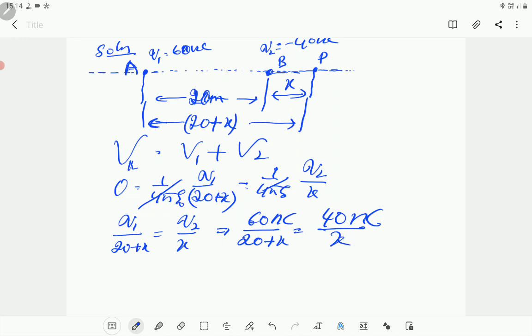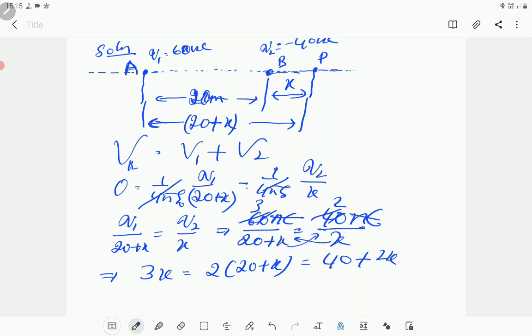So nanocoulomb cancels. You have 0 and also 3 is a, this 2 is a. So on cross multiplication, x to the left side and 20 plus x to the right side: 3 times x that equals 2 times 20 plus x. Clear the bracket. 2 times 20 is 40 plus 2x.